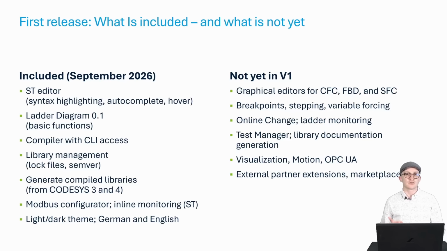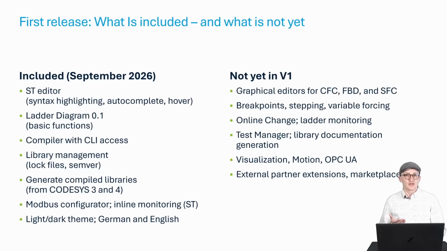You will notice that the right column contains what you need for classic commissioning. That is intentional. The first release focuses on library development and CI/CD, and for those use cases, it is production ready.